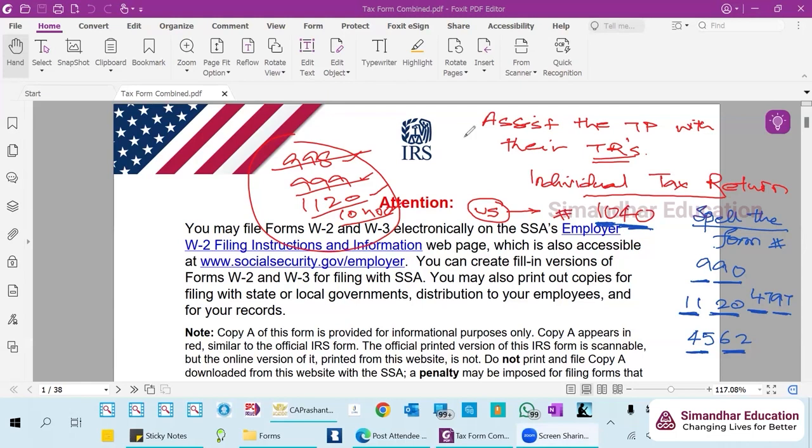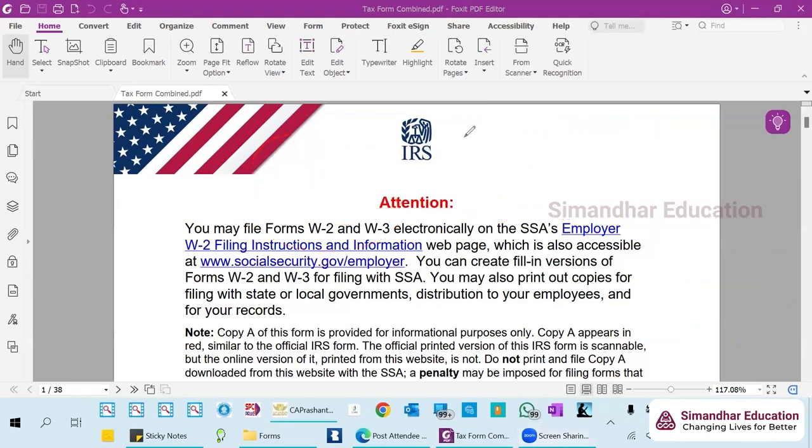Now, based on our discussion, what is the form we are talking about? 1040. 1040 is just a two-page return.